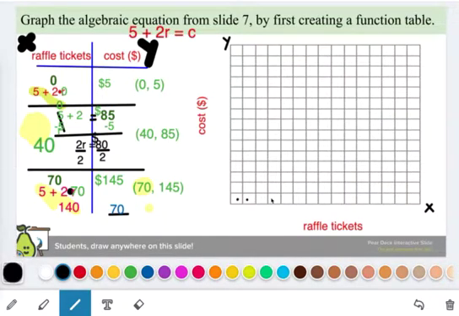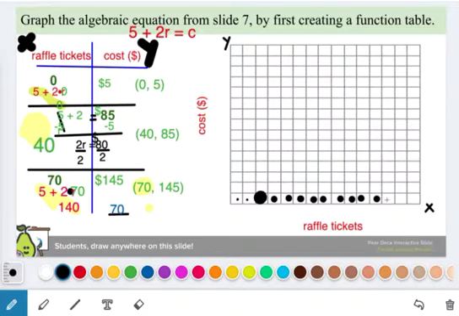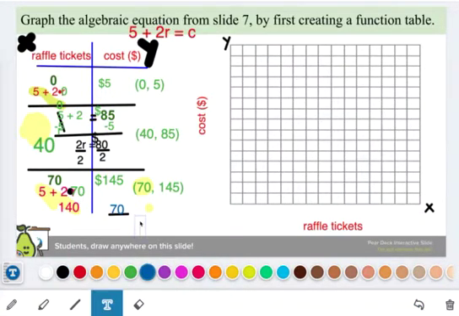There's 1, 2, 3, 4, 5, 6, 7, 8, 9, 10, 11, 12, 13, 14, 15 boxes. So we're going to divide it by the 15 boxes that are there.